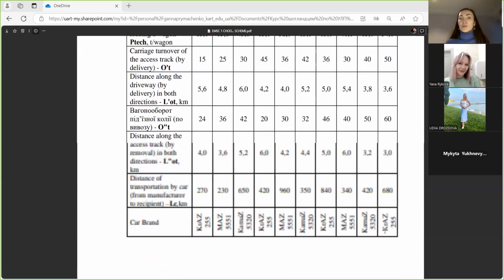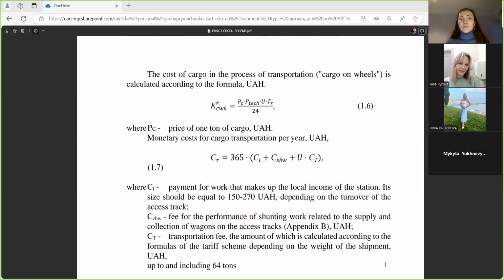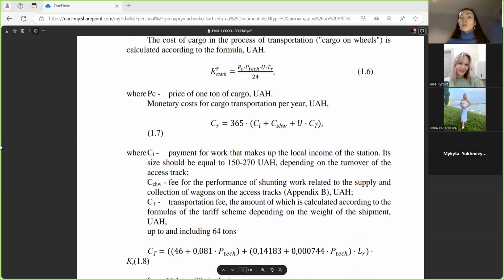Okay, come back to our formula 1.6 and the next parameters in our numerator, multiplied by U and multiplied by T with index R. U is the result of our formula 1.4 and T with index R is the result of our first formula 1.1.